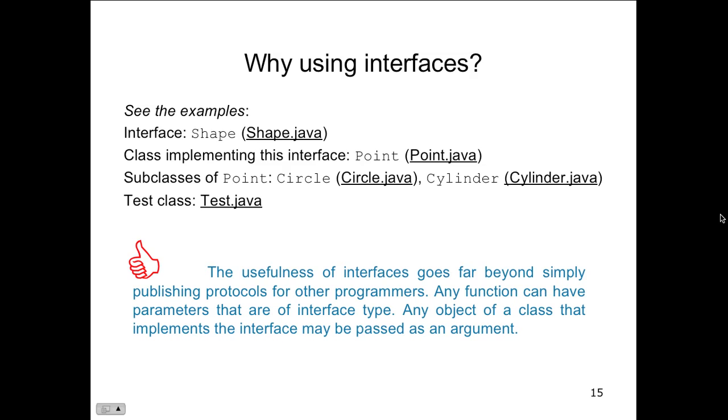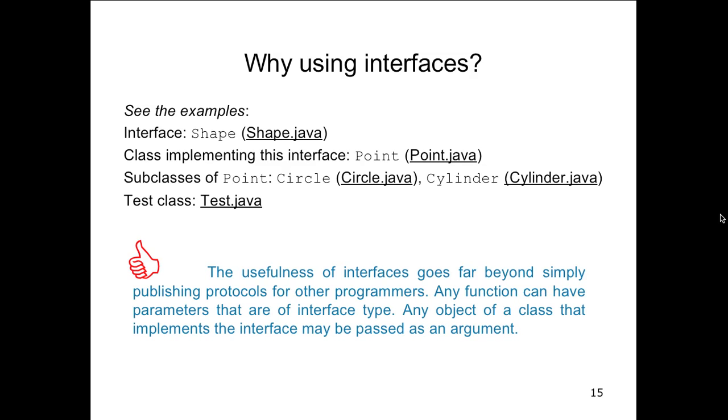Because when you put together an interface, you're putting together a template saying, build this stuff into the class. And if you don't implement these methods, you're going to have an abstract class because it's not done yet. So any object of a class that implements the interface may be passed as an argument. So it adds to the polymorphic behavior as well.